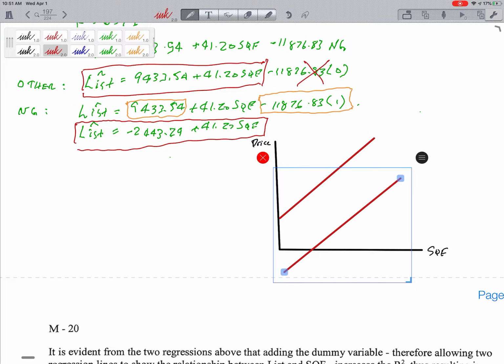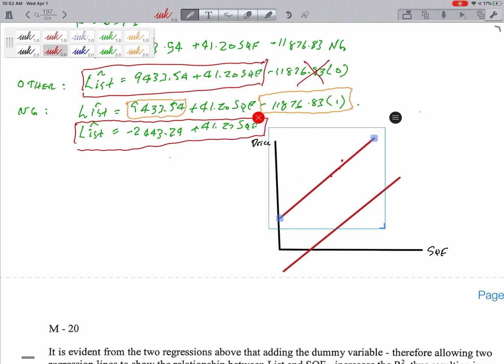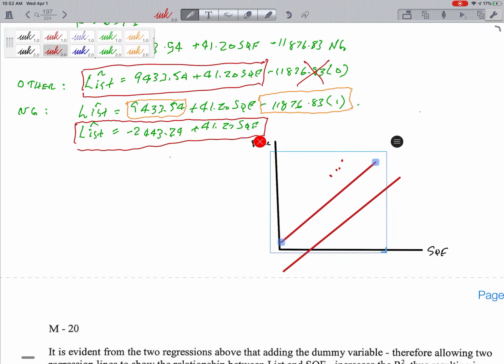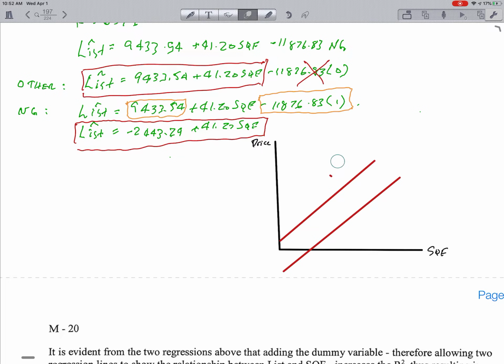Those are pretty close to being parallel anyway. This one is probably too high. Let me bring them down. So I've got a lower intercept here, and I'll clean that up a little bit.